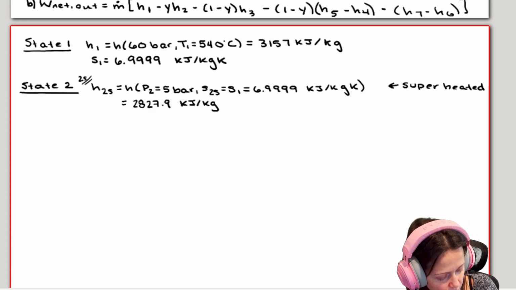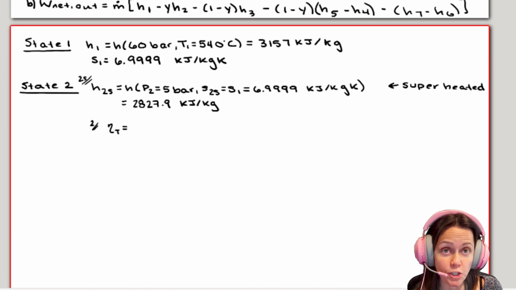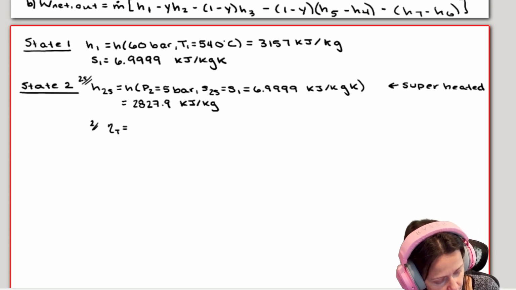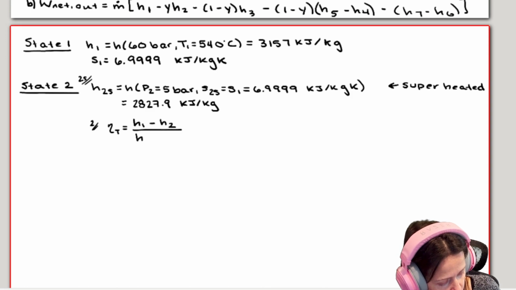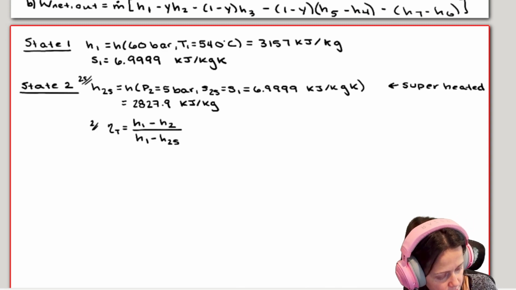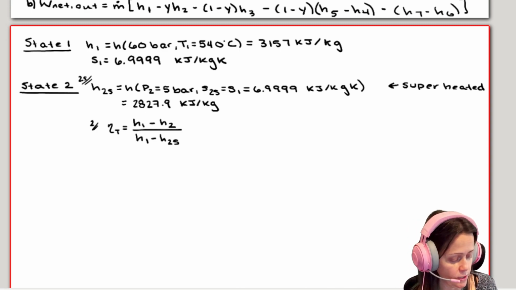And then we need to figure out state 2. So for this guy, we're using our isentropic efficiency for the turbine, and we'll apply that to the first stage of that turbine. So it's going to be H1 minus H2 over H1 minus H2S. And so I've got H1, I've got H2S.